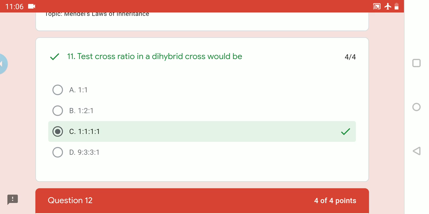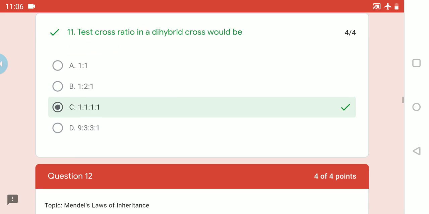Then capital R small y, round green. Then small r capital Y, wrinkled yellow. And small r small y, wrinkled green. So the test cross ratio is 1:1:1:1. This is the test cross ratio in a dihybrid cross.